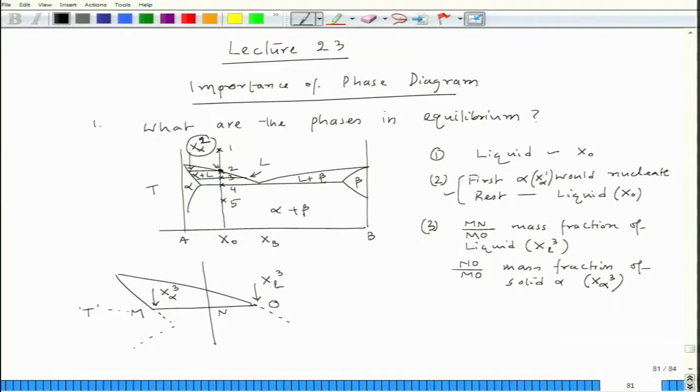Now, if I further go down, if I reach point 4, and if I see this particular trend, as we are going down in temperature, gradually the liquid fraction is decreasing.